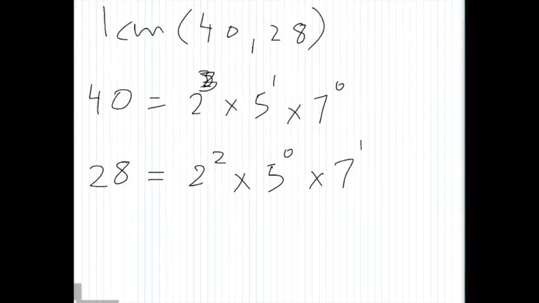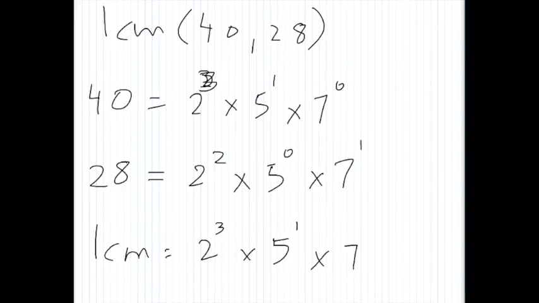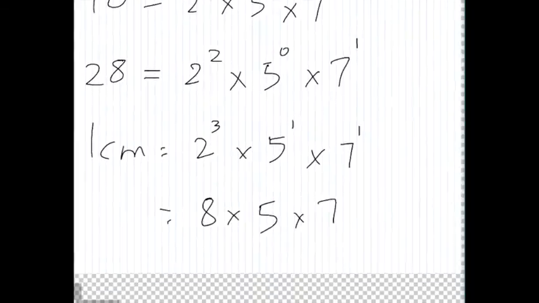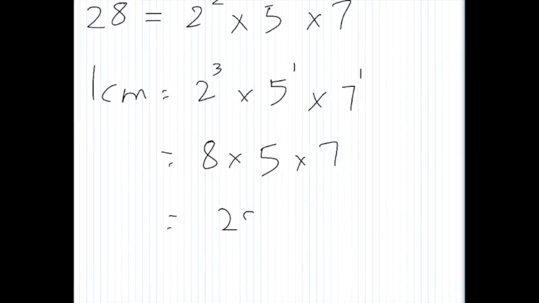So my LCM is, what is the maximum of 2 and 3? 3. What is the maximum of 1 and 0? 1. And the maximum of 0 and 1 is 1. So this is equal to 8 times 5 times 7, which is equal to 280. So I was right.